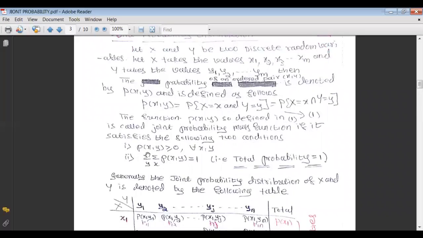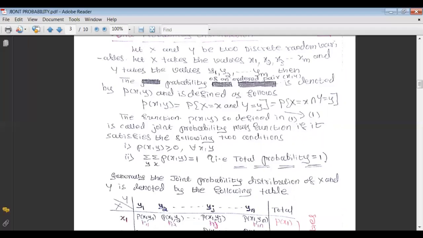The first condition is P of xy is greater than or equal to 0 for all x, y. Whatever values the variables capital X and capital Y take, for each value P of xy must be non-negative. That is the first condition. The second condition is the double summation of P of xy equals 1, where one summation is over y and the other is over x.